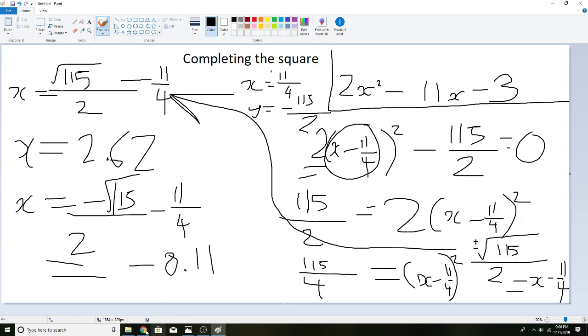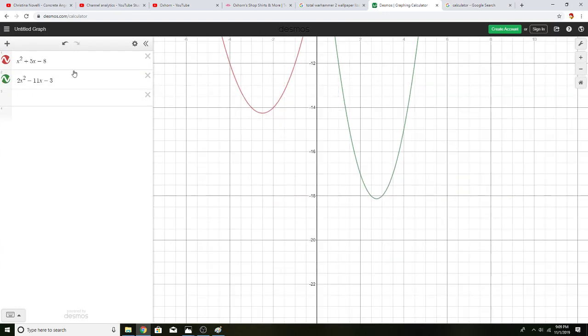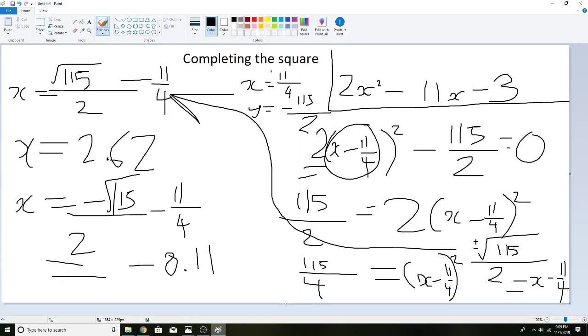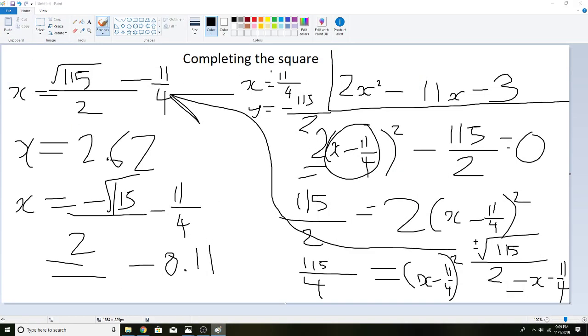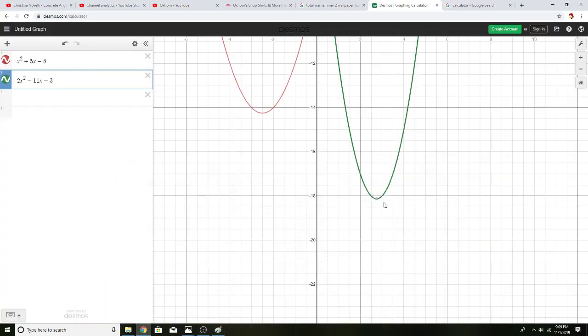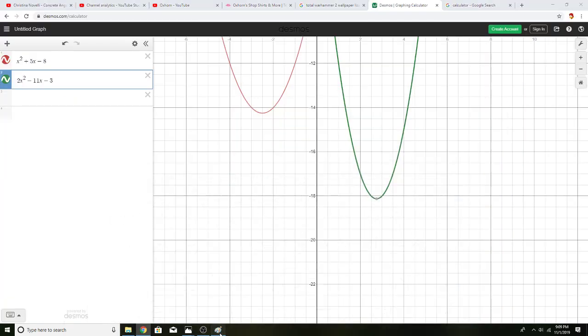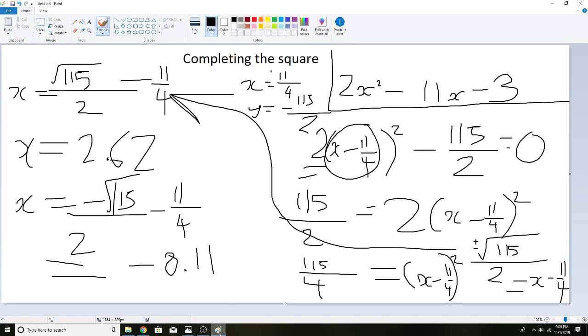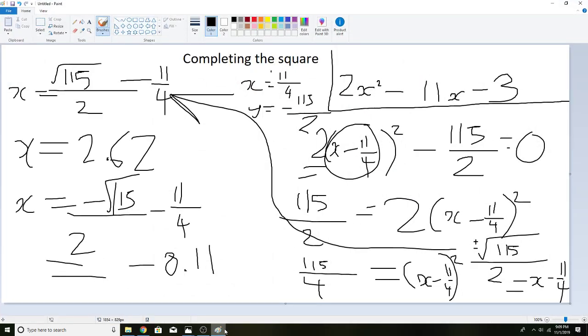If we check on Desmos, hopefully it's correct. Minus 18.125. What did I get? What's minus 115 divided by 2? So we got the 2.74, because 11 divided by 4 is 2.75, but we've got the minus 18.125 wrong.